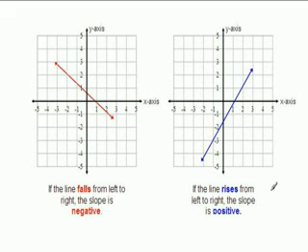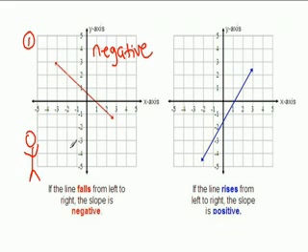Now, if you're looking at these particular lines, these are some examples. On line number 1, if the line falls from left to right, this is a negative slope. I like to think of it as you always start on the left. So if you have a person over here, they always have to start on the left.